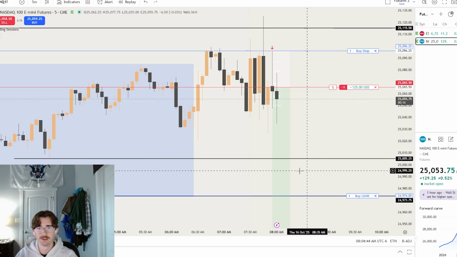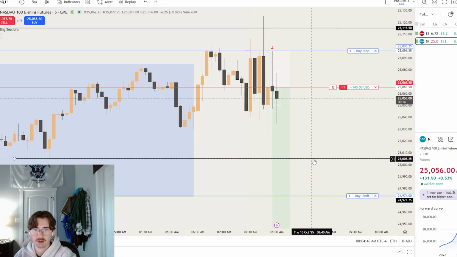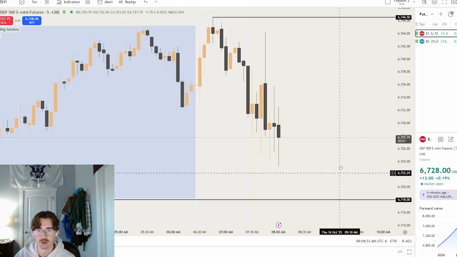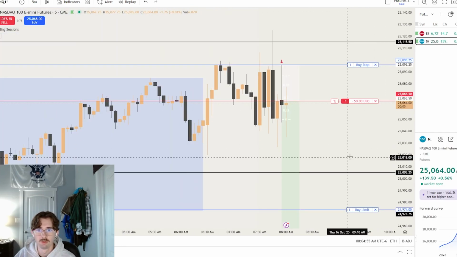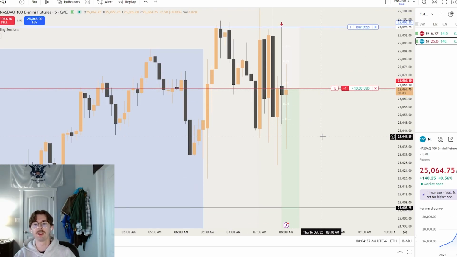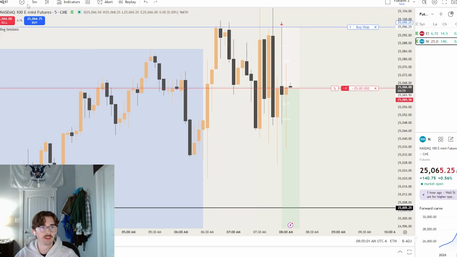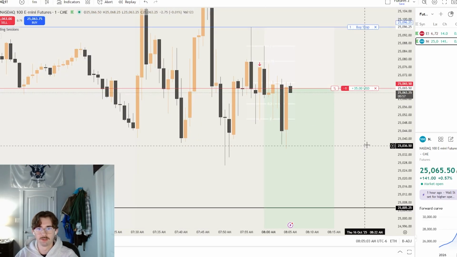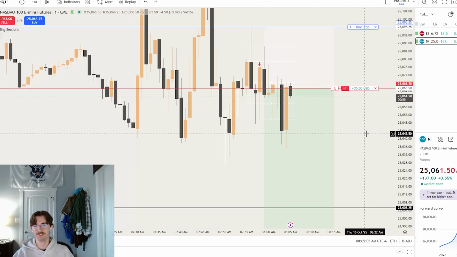If ES takes out London, we're really looking at this low right here for NQ, because they're super similar to this 1 hour low, London low. But then it's just creating a big doji like this. Price doesn't quite understand what it wants to do.